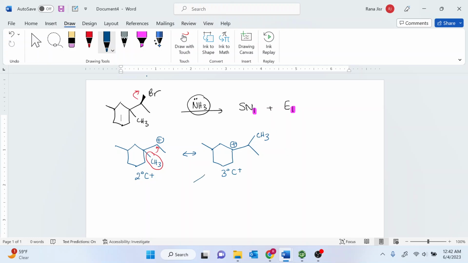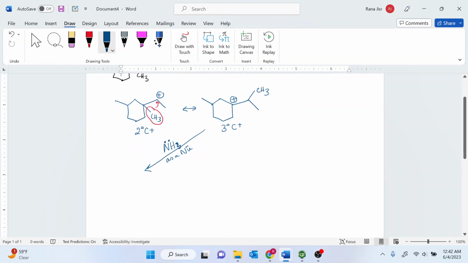Now, once you form the carbocation, I have two routes to go with. I can use the ammonia as a nucleophile. Now, this is NH3 as a nucleophile, or I can use it as a base. Let's consider the ammonia as a weak nucleophile. So that is going to get me my SN1 products in there.